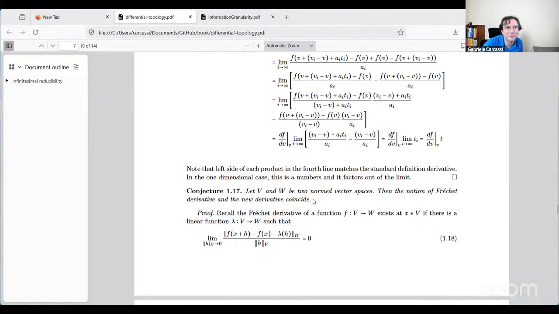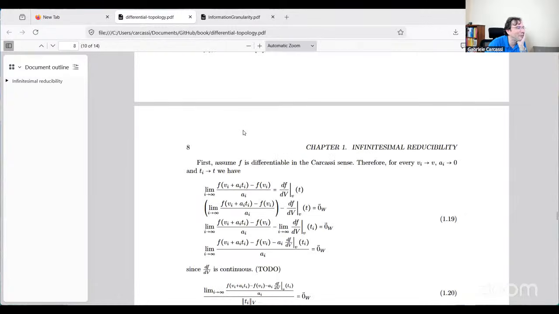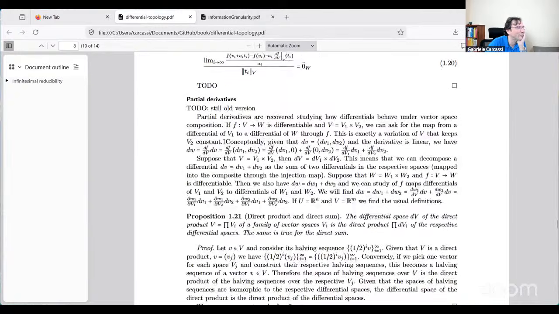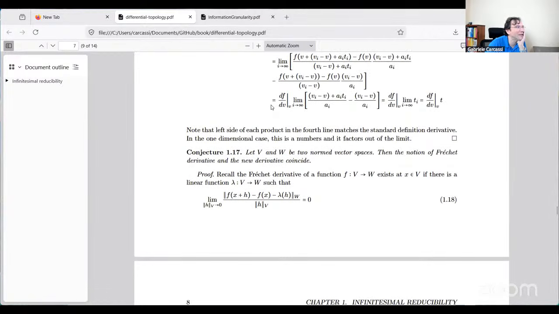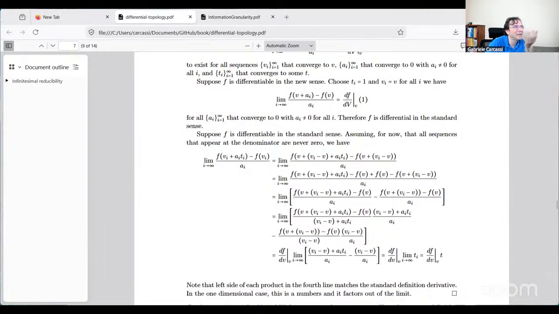So I recover the Frechet derivative, and I recover even some other derivatives that are used in calculus of variations. So it's very similar to what already exists, except that there are some clever bits that make it better behaved. That's basically it. But again, this has never been cleaned up. I do it kind of for fun, and then the goal would be to work this up and make it work.